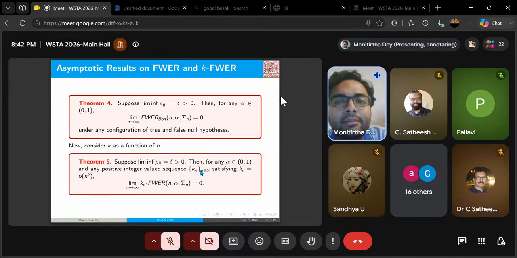So now we move to the asymptotics part. Here we show that the Bonferroni FWER is asymptotically zero under any configuration of true and false null hypotheses. And this is under any general dependence structure for which the limit of the correlation is strictly positive. Here we are allowing negative correlations as well, but only finitely many negative correlations.